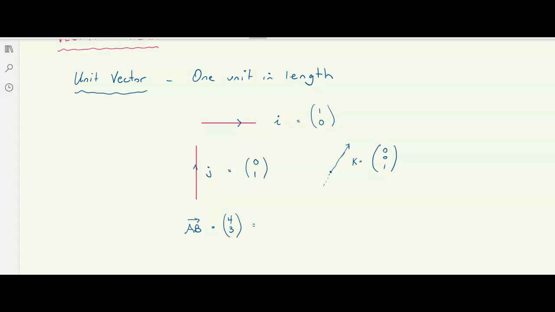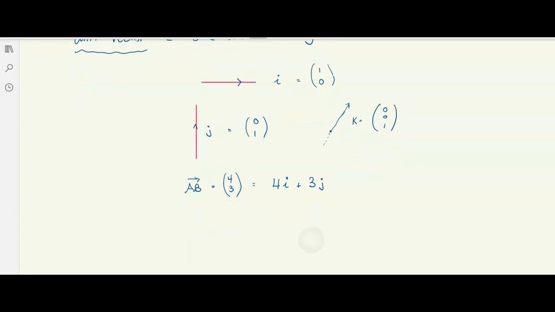Then we could talk about that as 4 unit vectors in the horizontal direction plus 3 unit vectors in the vertical direction. So if you see such a thing, 4i plus 3j, it refers to the vector that goes 4 across and 3 up.